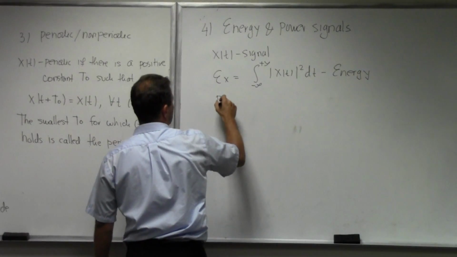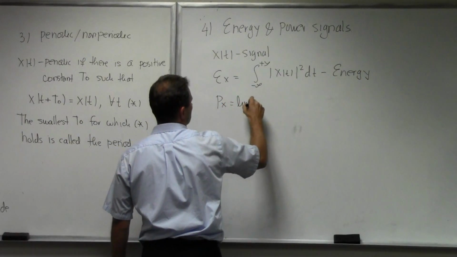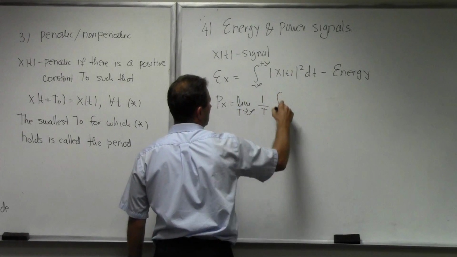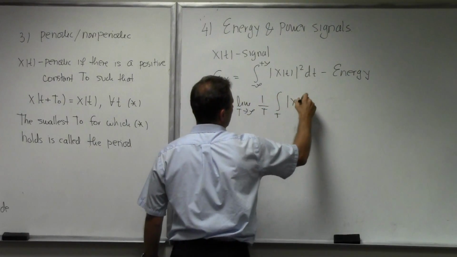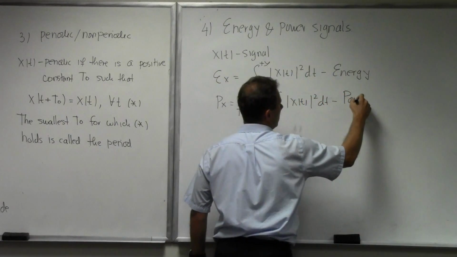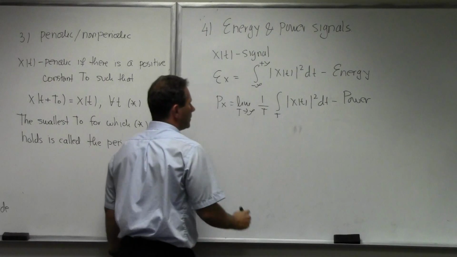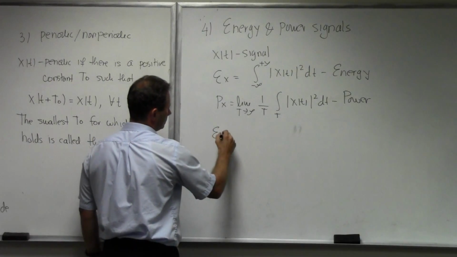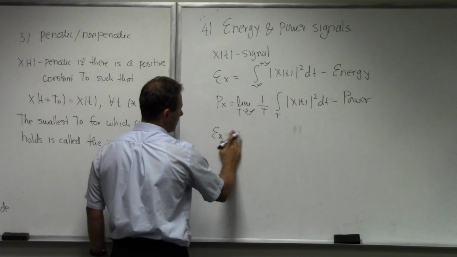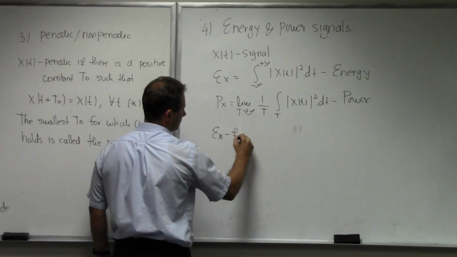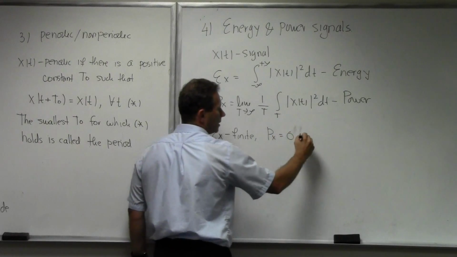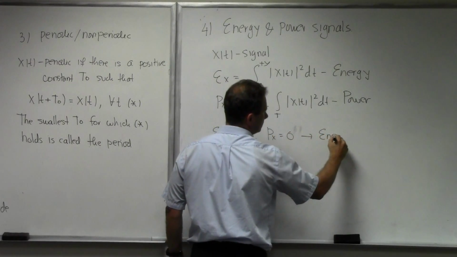And we have Px as the limit when T goes to infinity of 1 over T times the integral over T of the magnitude of x of t squared dt. This is what we call power. Now, if energy Ex is finite and power is equal to 0, this is an energy signal.